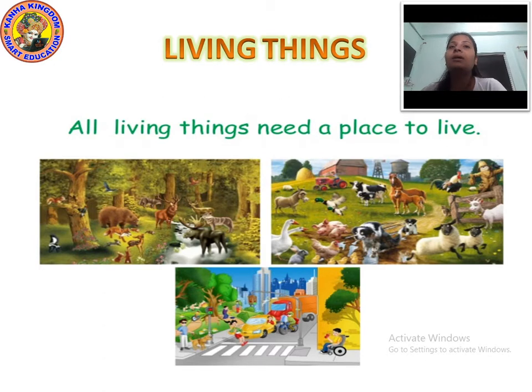We cannot keep them at our house. So these are the places where living things live. Living things also need a place to live.